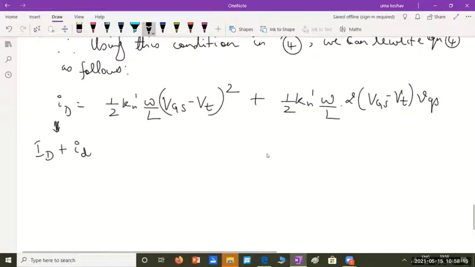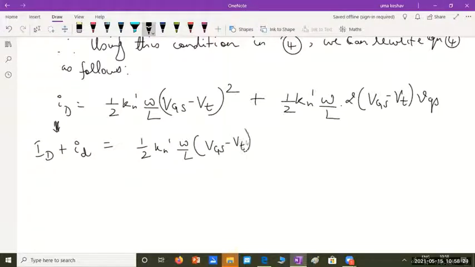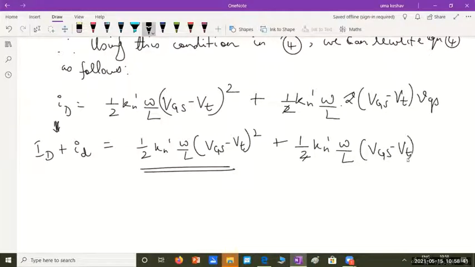So if I rewrite the left hand side and the right hand side, we have already written VGS minus VT the whole square. Can you tell me what does this represent? The first term? Anybody? This 2 cancels here. What does the first term represent?